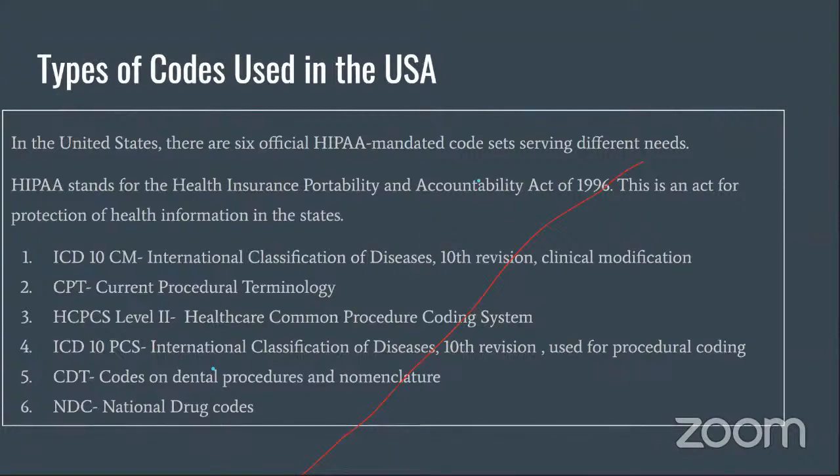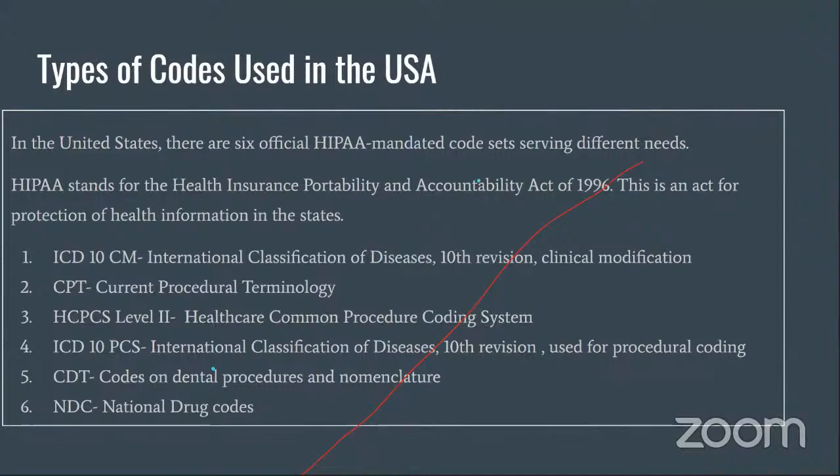Coming back to the point that I was making, the different code sets that are available in the United States. Number one is ICD-10-CM, International Classification of Diseases. Currently, we are using the 10th revision. CM stands for clinical modification. This is used for coding the diagnosis or disease conditions in the patient. Number two is CPT, Current Procedural Terminology.